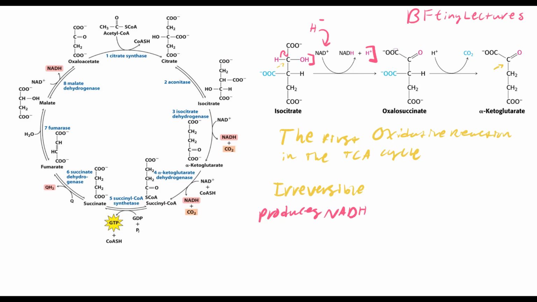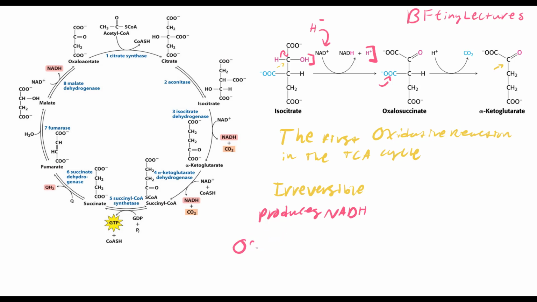Now this hydrogen is going to react with the carboxylate right here and is going to decarboxylate the oxalosuccinate, and essentially we're going to be forming alpha-ketoglutarate. So this is also a decarboxylation reaction.